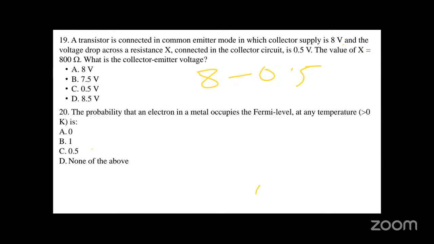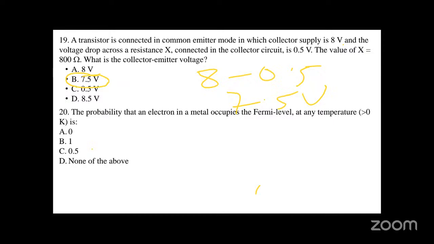Any voltage you supply that is less than that threshold voltage will not enable current to flow across the junction. So here, the junction voltage is what is required, and that is 7.5 volts. B is the answer.